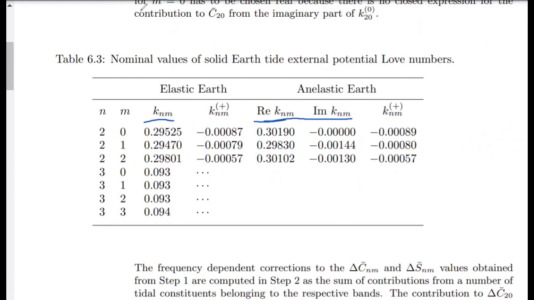It's a very complex number. The real part is here and the imaginary part here. And this is the effect of the J2, degree 2 coefficients, on the fourth degree harmonics for both cases, when the Earth is elastic or inelastic. So you can consider both of them. In one of them, you consider the Earth elastic, and in the other, inelastic.